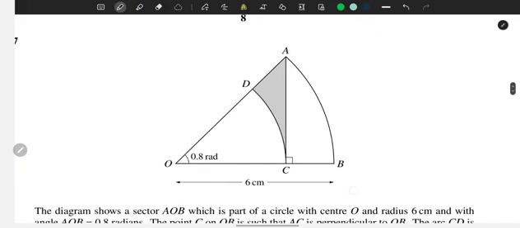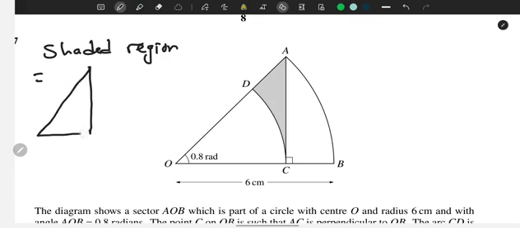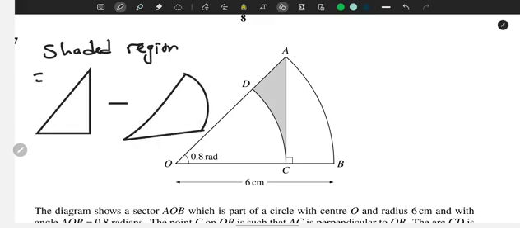Now, what you have here is a triangle, I mean OAC is a triangle. Then ODC is a sector. So to get the shaded region, that will just be the shaded region is equal to the right angle triangle, which is this, minus the sector.